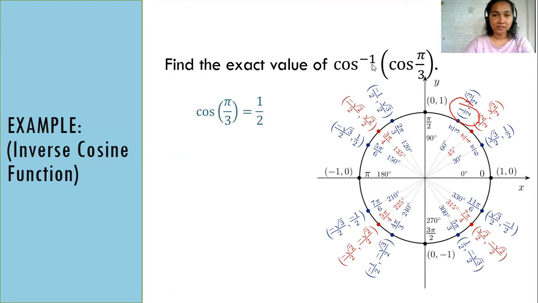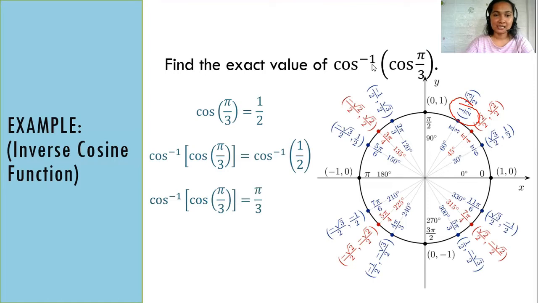Then for the inverse cosine of cosine pi over 3, we get the inverse cosine of 1/2. The angle that generates cosine equal to 1/2 is pi over 3. Thus, the exact value of inverse cosine of cosine pi over 3 is pi over 3.